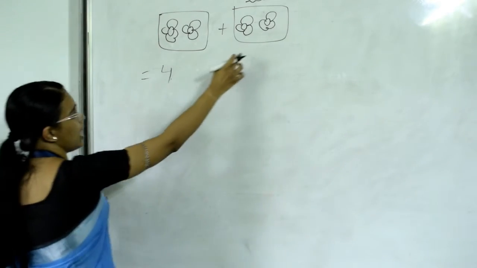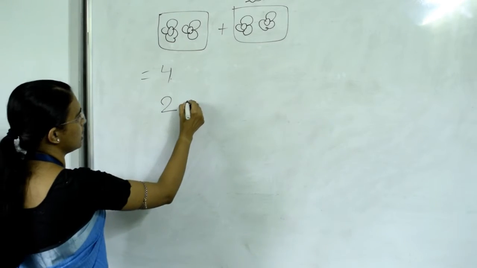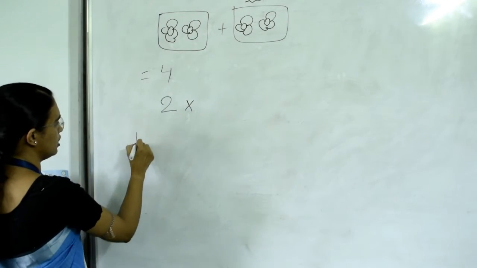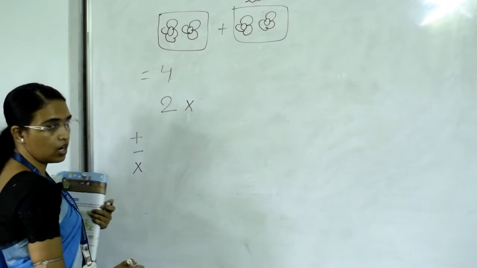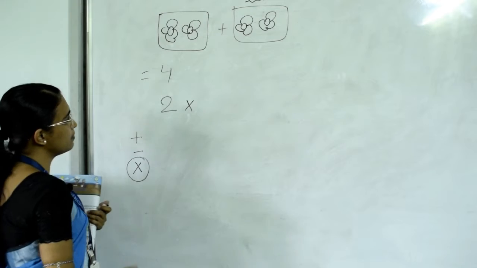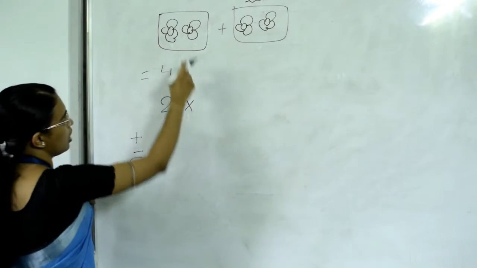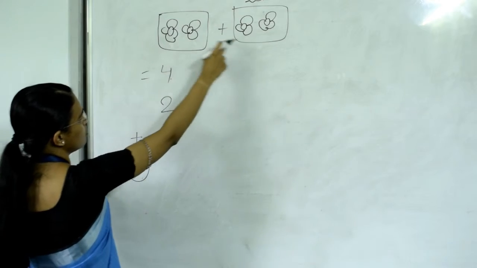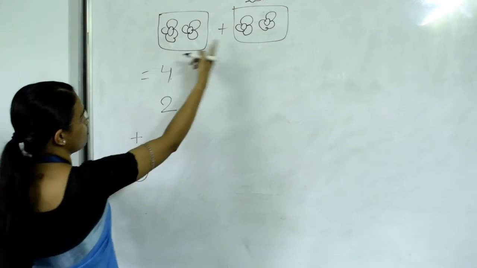How many boxes do we have? 2 boxes. For that, write 2. Then this is the multiplication sign. This is the plus sign, minus sign, and this one is called the multiplication sign. So today we are doing this one. So 2 into how many flowers? In each group, how many flowers? 2 flowers, right?